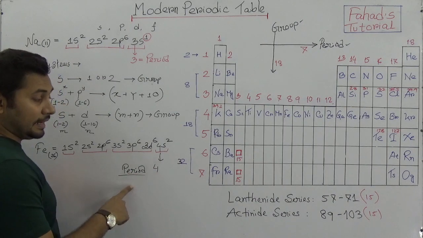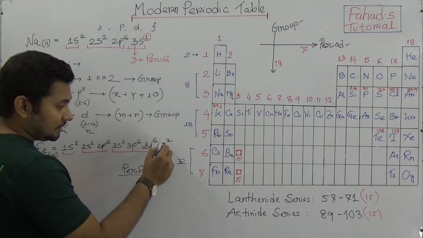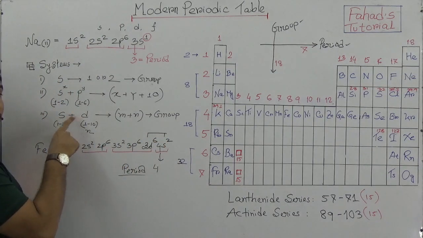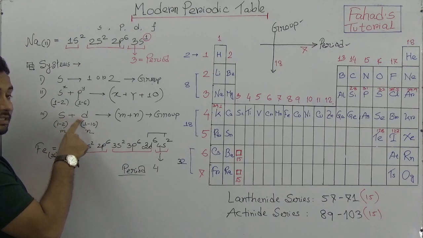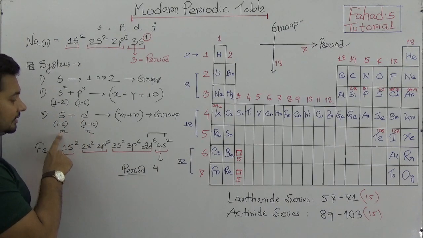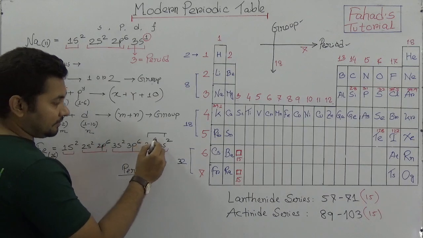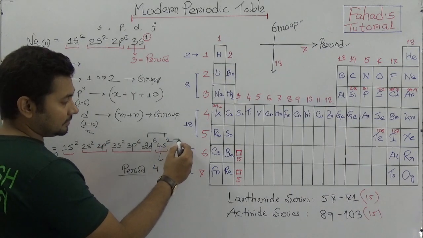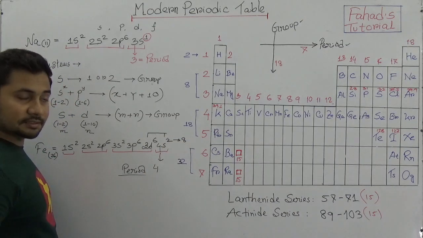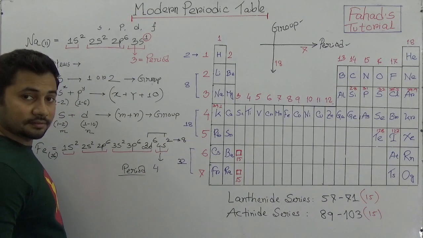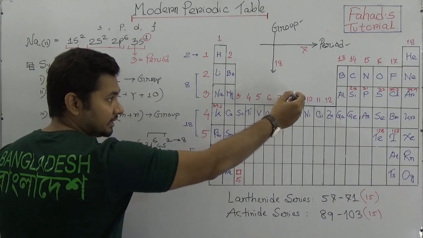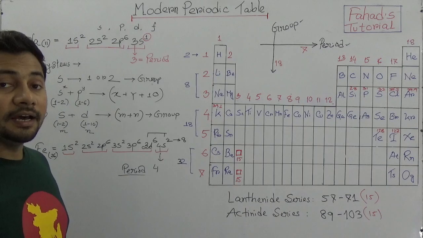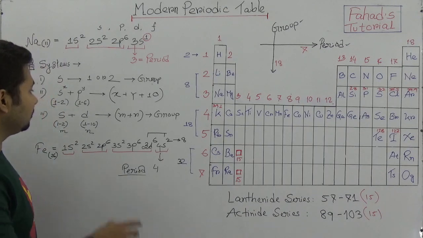Then you know that s orbital comes with d orbital together. So if we have only s and d, we need to add only the number of electrons. So we have 6 and 2 together. If we add it, we get 8. So hence iron belongs to group number 8.